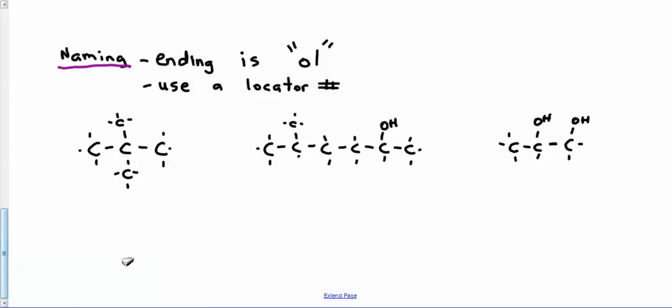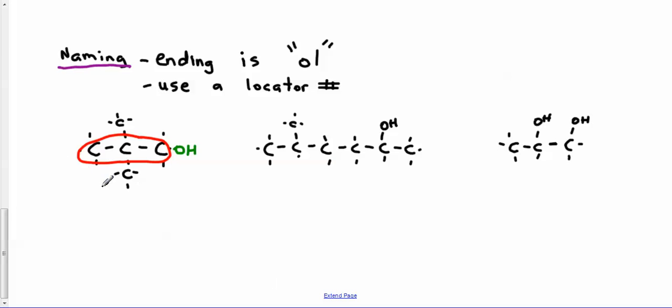Finally, naming. It's just like naming an alkene or an alkyne. I'm going to use the ending OL, and I'm going to use a locator number. So I didn't even put an OH group on this guy. Let's put the OH here. Now I need the longest continual carbon chain that has the OH group, and that is this one right here.